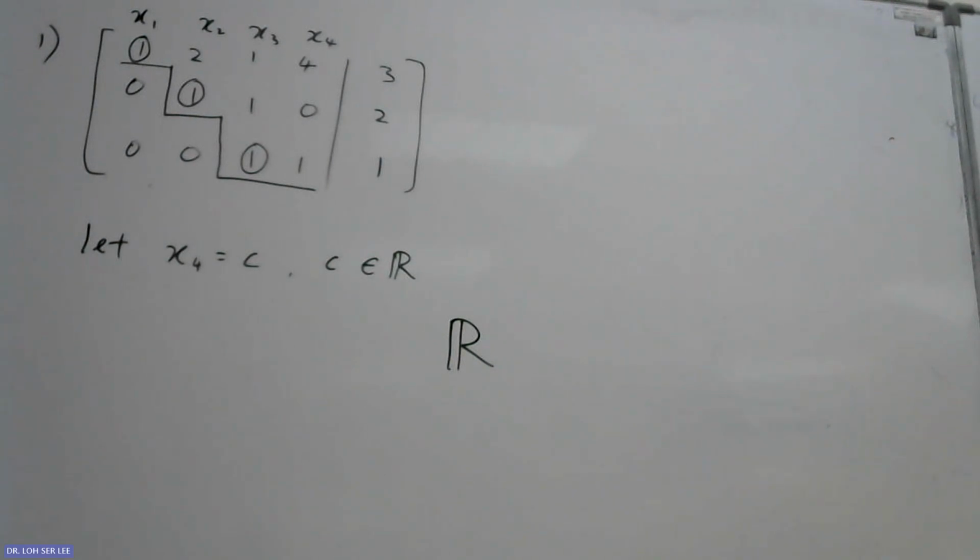The R is in this form, the real number system. In the number system, we have real numbers and complex numbers.